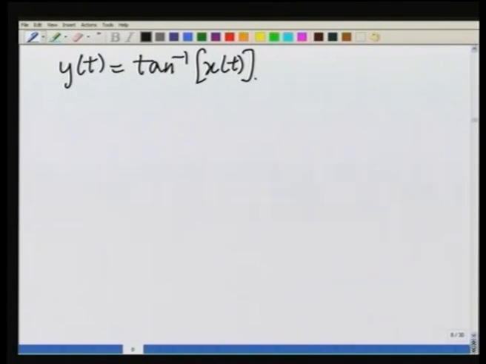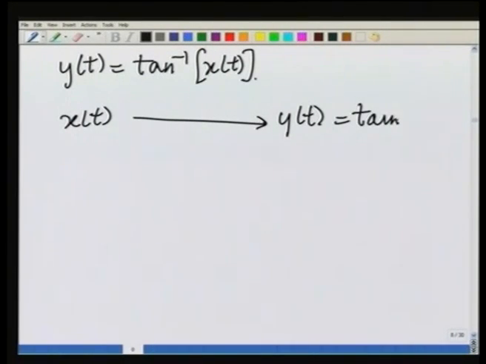The tan inverse function is, I think, known to all of us to be nonlinear, but let us see what happens when we apply the commutation diagram. First, for scaling, we have x(t), you get y(t) equals tan inverse of x(t).